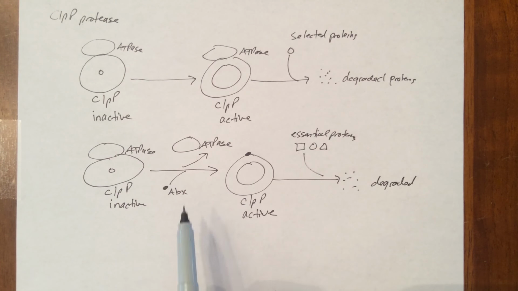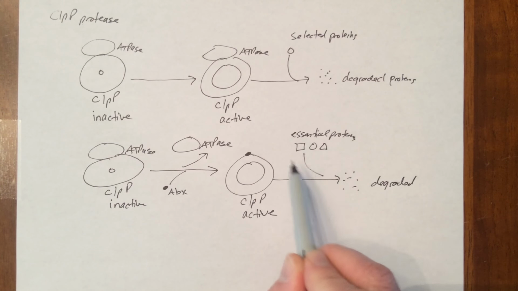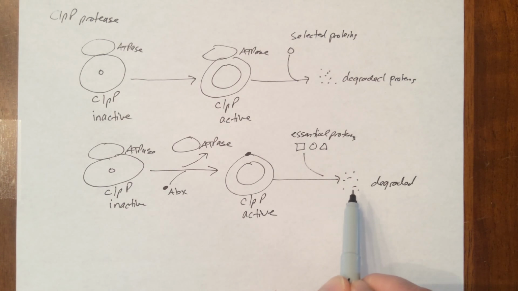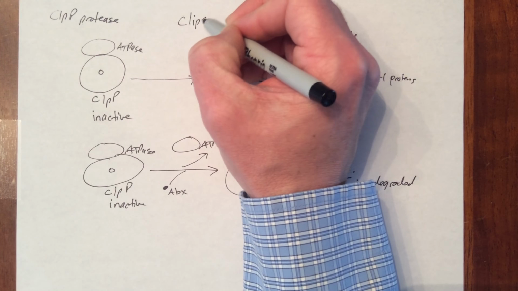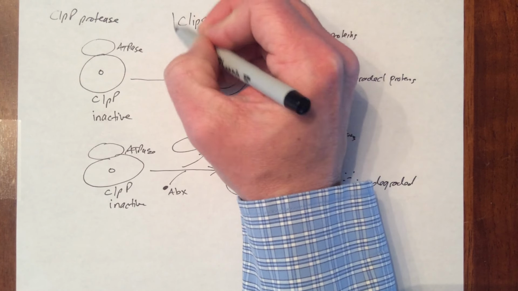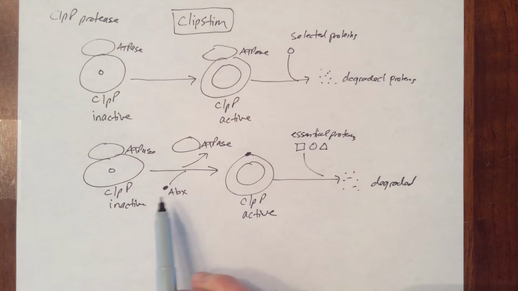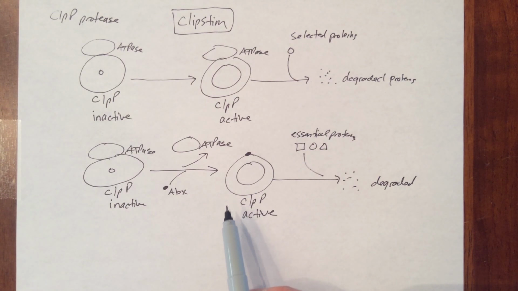So if we use our antibiotic and stimulate the activity of this protease so that it's active all the time, we degrade these essential intracellular proteins and the bacteria are no longer viable. It's good to give your antibiotic a name, so I'm just going to call this one CLP-STIM, since I chose to design an antibiotic that stimulated instead of inhibited this bacterial protein.